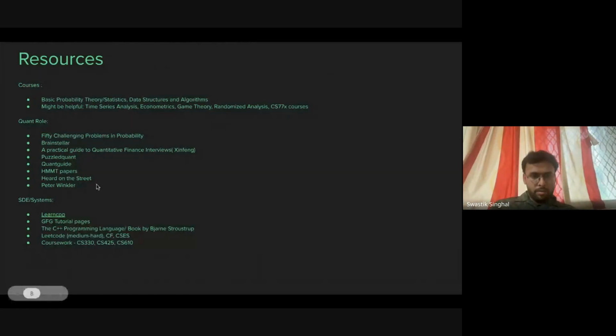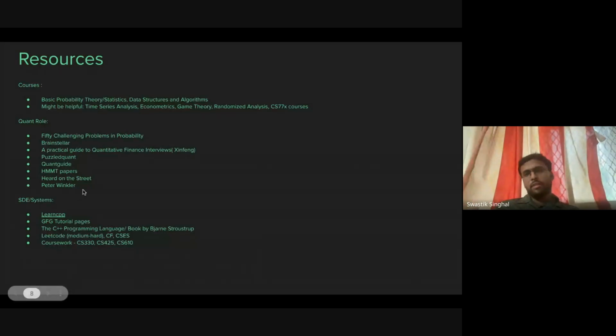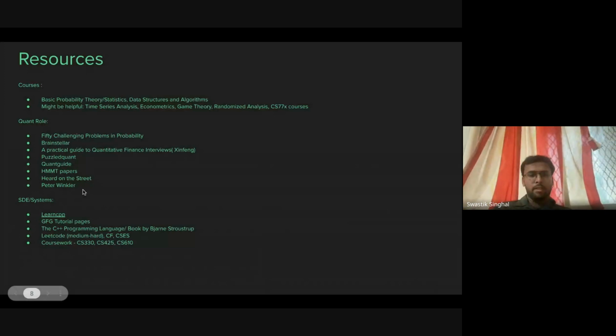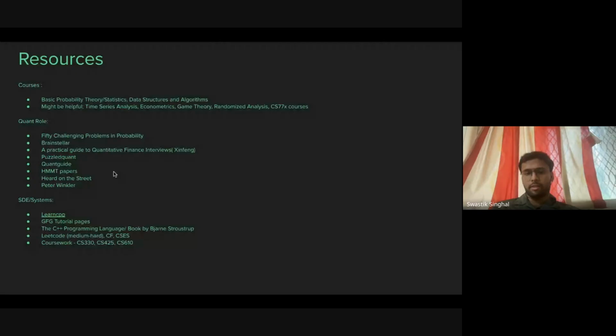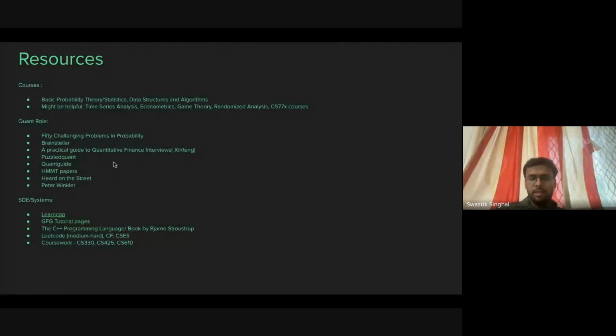For both SDE and quant, practicing on Codeforces and similar websites helps you with your DSA concepts. In both profiles you will need DSA. Even quant firms ask you DSA.